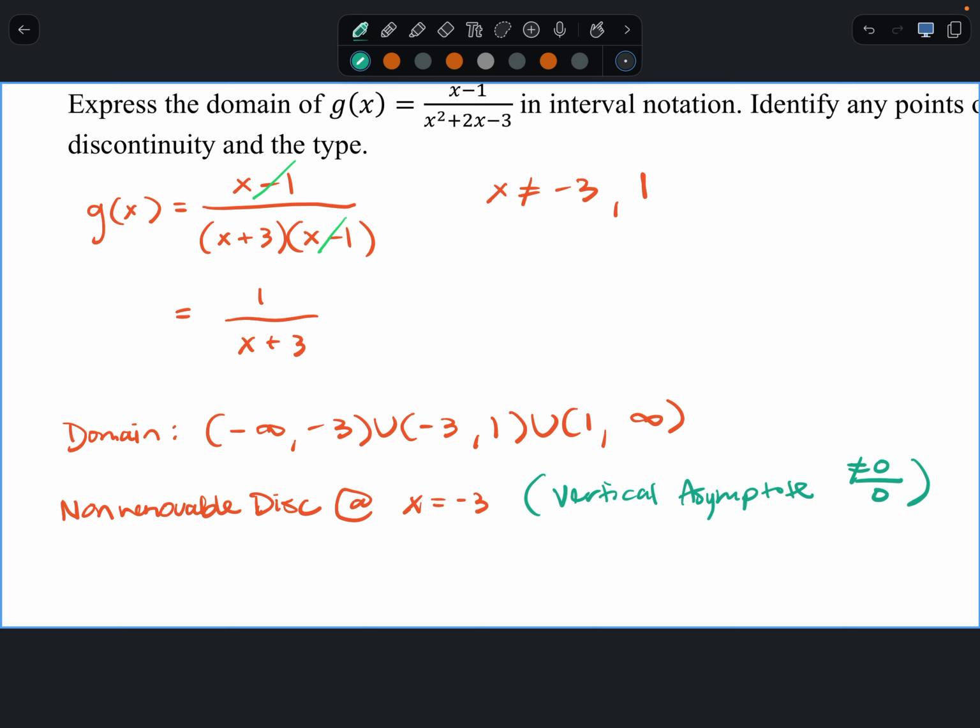Versus at x equals 1, if we substitute 1 in up here, what happens? If I plug 1 into the numerator, what do I get? 0. If I plug 1 into the denominator, what do I get? 0.